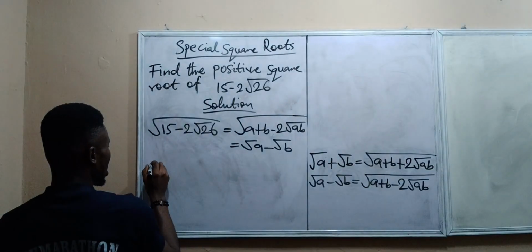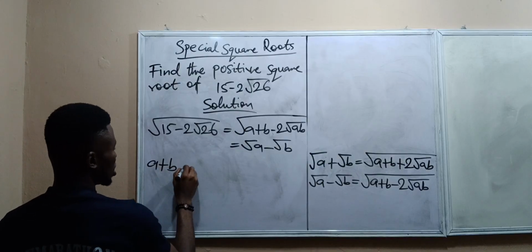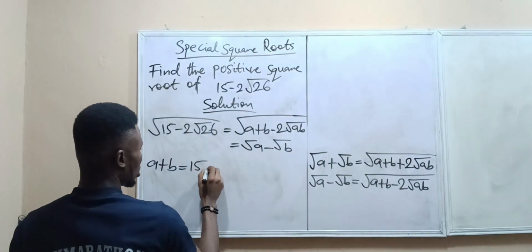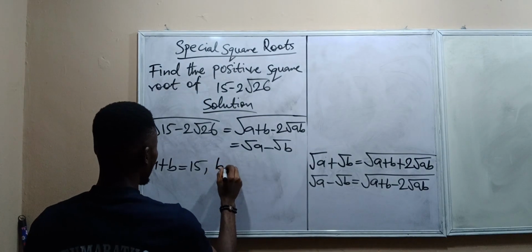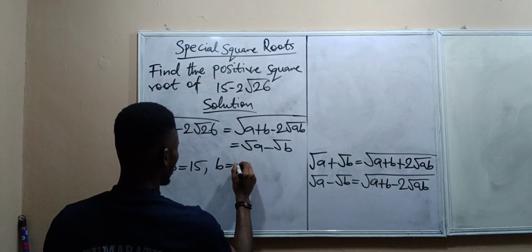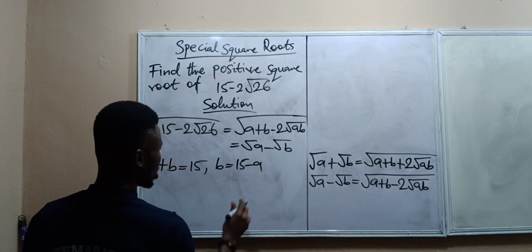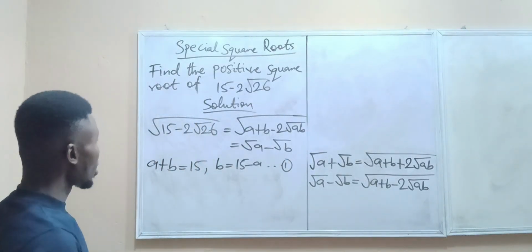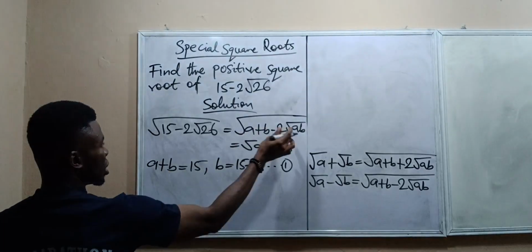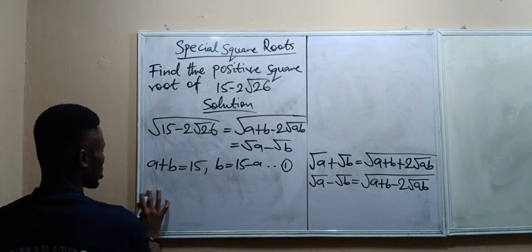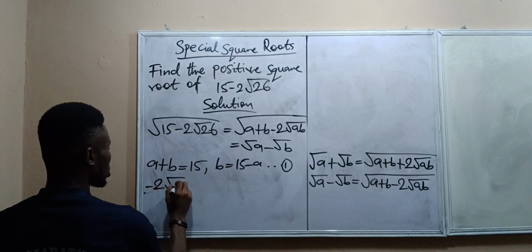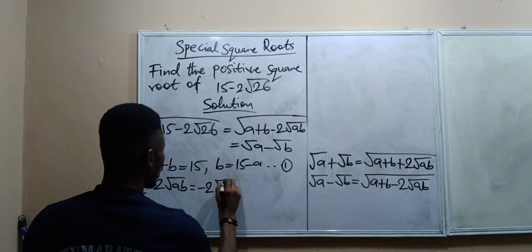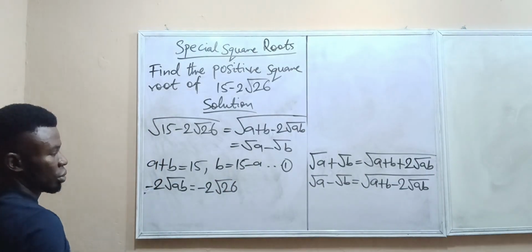Now, we compare the first one and the last one. That means a plus b is equal to 15. From here, you notice that b is equal to 15 minus a. And we call this equation 1. Right? And now we compare the second one. That minus 2 surd ab is equal to minus 2 surd 26.